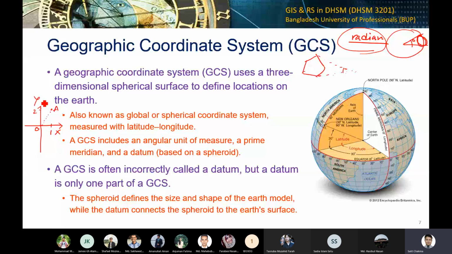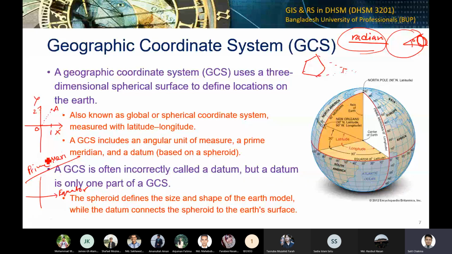So now, instead of having this y line, we are saying that let's have a prime meridian. Instead of having the x-axis, we are now saying let's have the equator. All of these lines are imaginary.